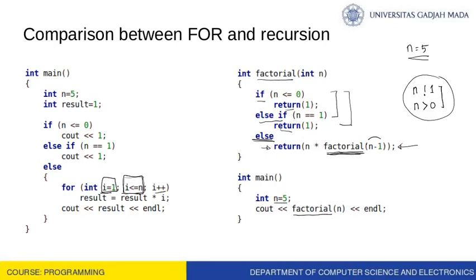Okay, and this is also important because the counter is based on n, and n is equal to 5, and the stopping condition is if n is less than or equal to 0 and n equal to 1, it means that this 5 should go to 1 or 0 to stop the iteration. Therefore we just decrease the n one by one.